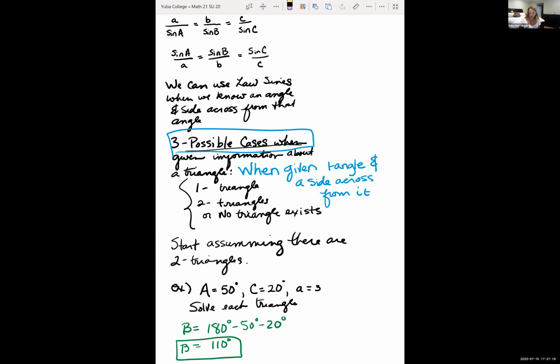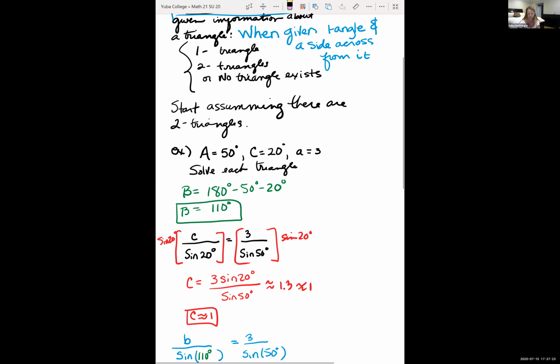Otherwise, if we're given 2 angles, then it's only going to be one triangle that exists.